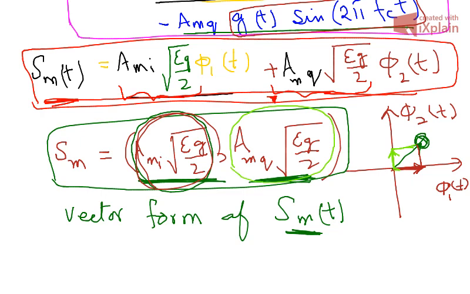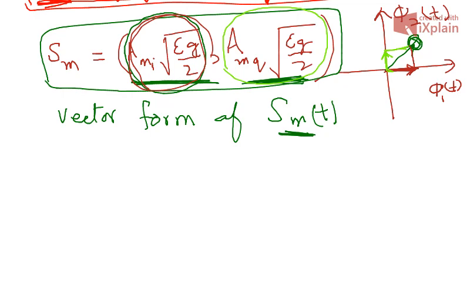This vector representation is important, and we can always find these images using the dot product. We already learned earlier that Sm has two components, Sm1 and Sm2.